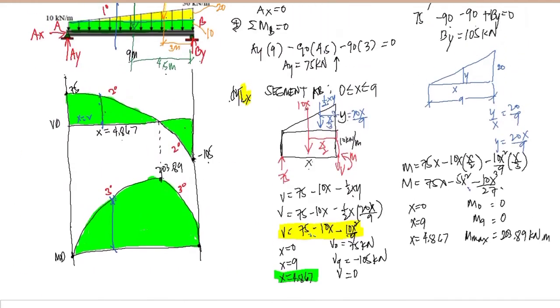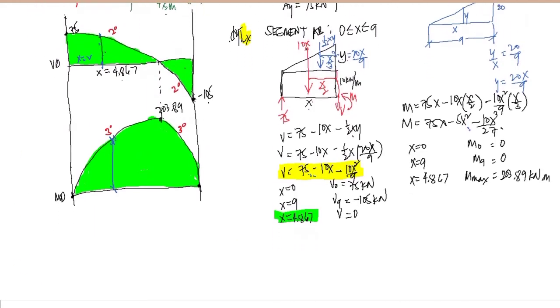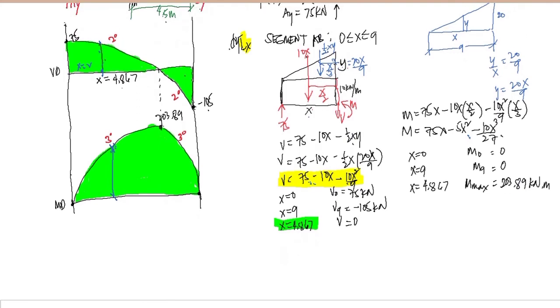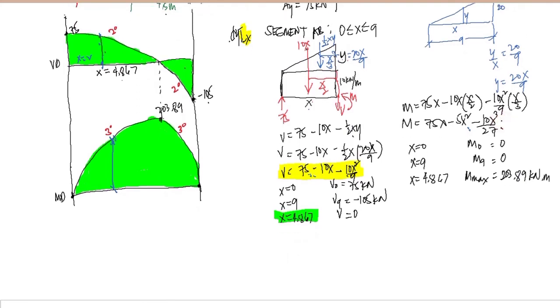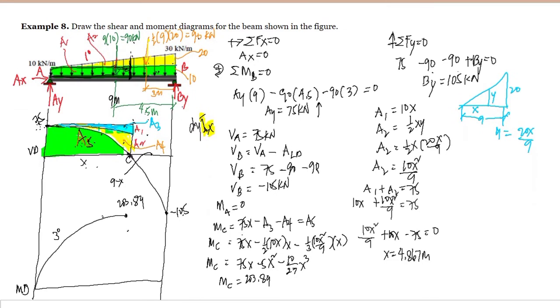Natin sa previous na sagot natin, yes, 203.89. Kasi actually, ang napalabas lang natin dito, ito no, equation din ng moment. And para mapasara natin to, kakailanganin natin itong dalawang area na to.